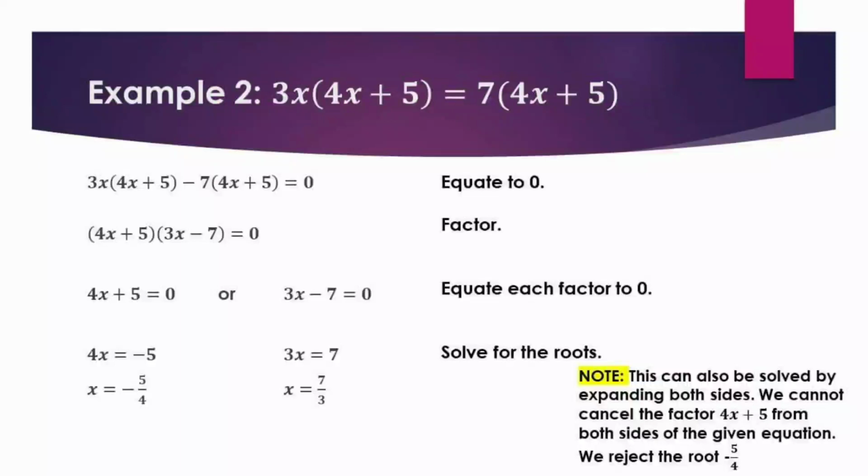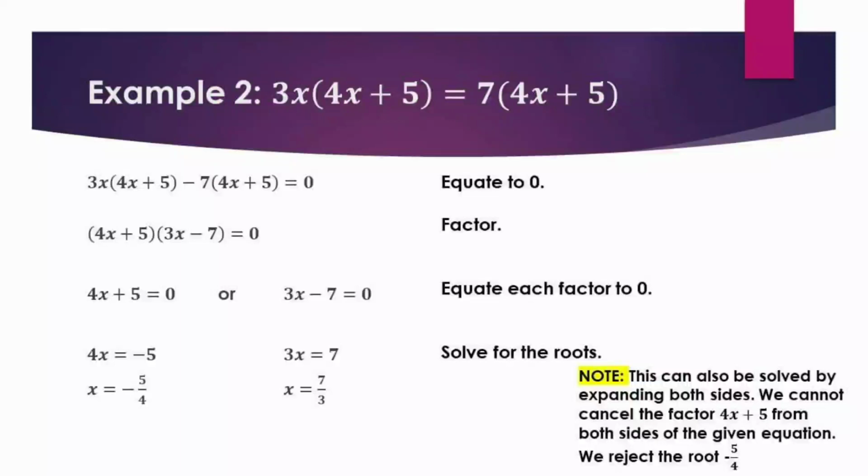We will just add the additive inverse of 7 times 4x plus 5 to both sides of the equation. And we will be having 3x times 4x plus 5 minus 7 times 4x plus 5 equals 0. After equating it to 0, we can observe that there is a common factor between the two terms. Then we can proceed to factoring by grouping.